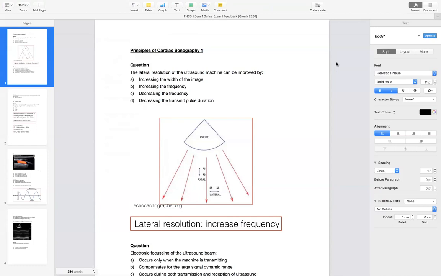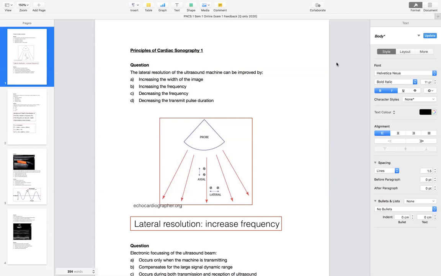Well, lateral resolution is related to frequency, but we want to know what can improve it. Well, as I hope you know, increasing the transducer frequency improves images. So we know that it can't be C. And then D, decreasing the transmit pulse. Well, that's related to axial resolution, really, pulse duration.